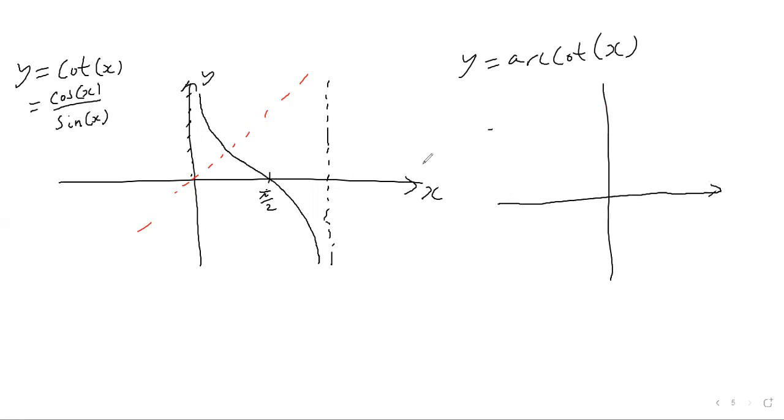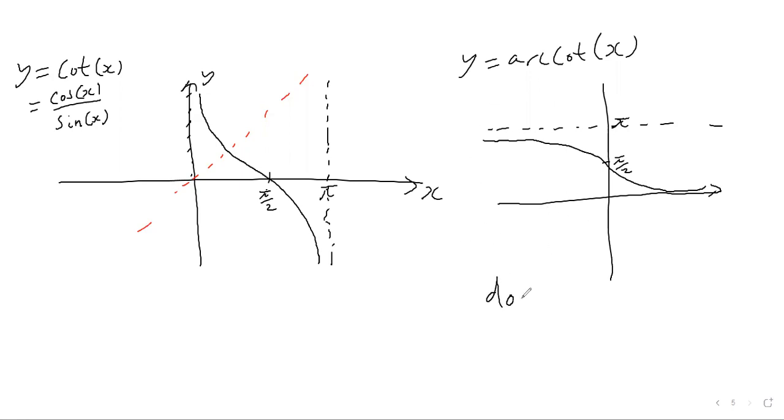The inverse function is going to have an asymptote at pi on the x-axis, and a point of intersection at pi over 2. It's going to have a negative gradient as well, because the original function has a negative gradient. So it's going to tend to pi as x tends to negative infinity, and tend to 0 as x tends to infinity.